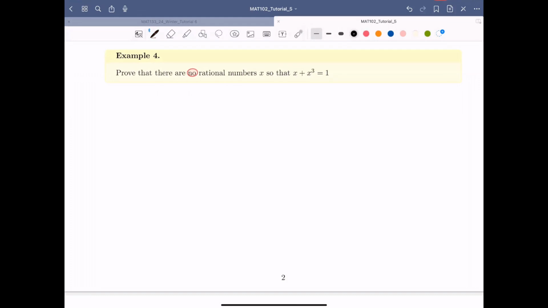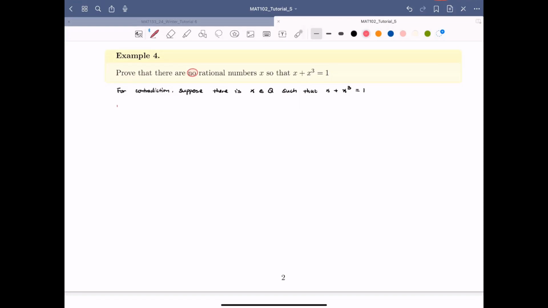So for contradiction, suppose there is x that's rational such that x plus x cubed equals 1. That's our assumption. And here comes the first thing you learn.